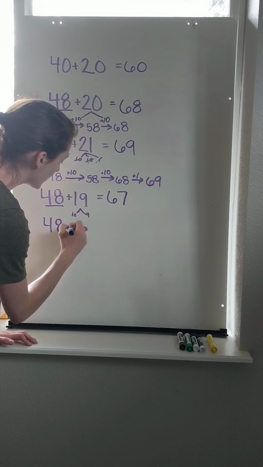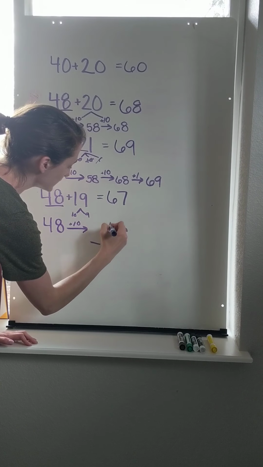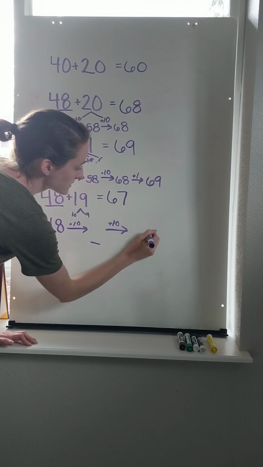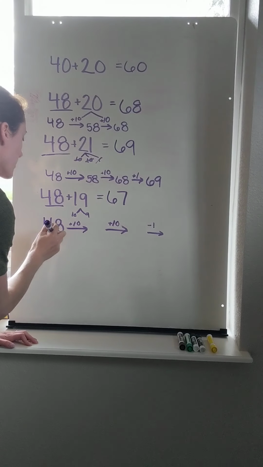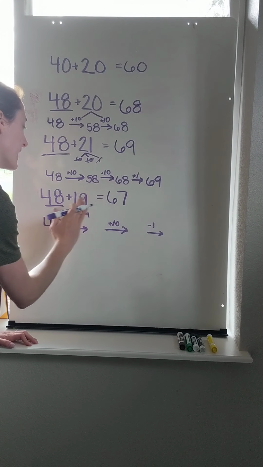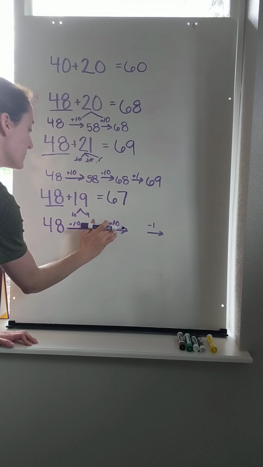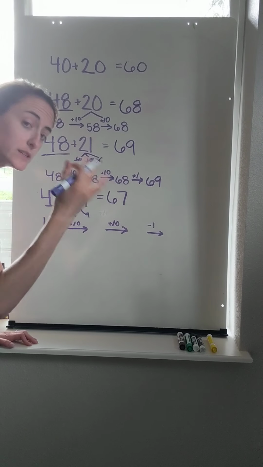So I'm going to add on 2 tens because I know that makes 20, but then I know 19 is 1 less. So I'm going to take away 1 and see what I get to. So my arrows show what I'm counting, how much I'm counting up. I'm counting up 10, 10 more, which makes 20, but then I have to count backwards 1 because 19 is 1 less than 20.